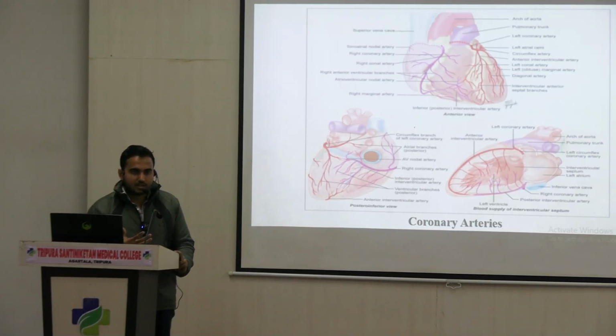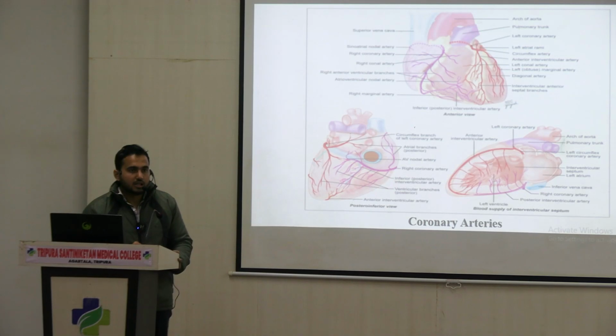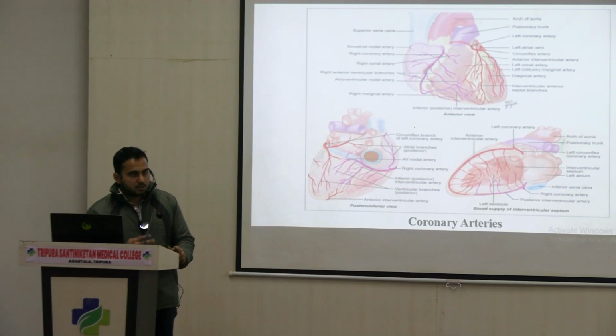When the heart is relaxed, at that time some backflow is there. The backflow is not going inside the heart because the aortic valves are there. When the backflow is there, those pockets or sinuses fill with blood, and from there that blood enters into the coronary arteries. So these are some peculiarities of the coronary arteries.